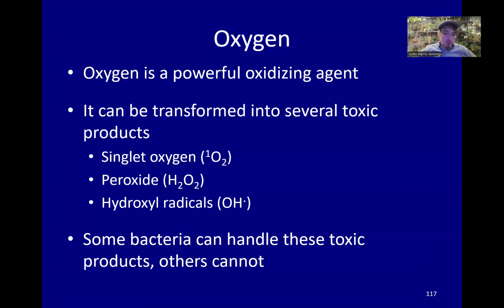Then we have oxygen, and oxygen is going to be a very large determinant on where certain bacteria can grow, because oxygen is a powerful oxidizing reagent, and it can kind of wreak havoc on your molecules because of how reactive it actually is. So for example, oxygen can be turned into radicals.